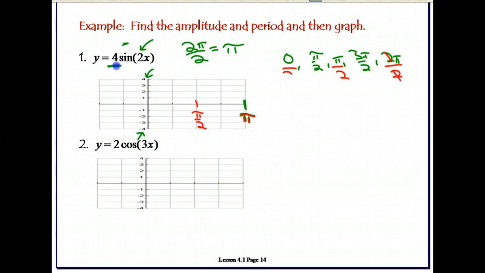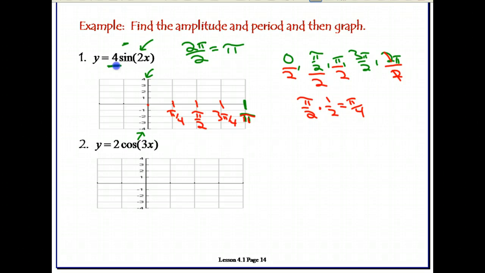Or take 0 divided by 2. Oh, never mind. That's still 0. Pi halves divided by 2. How do you divide by 2? You multiply by the reciprocal. So pi halves now becomes pi fourths. So label that pi fourths. And likewise, 3 pi halves now becomes 3 pi fourths.